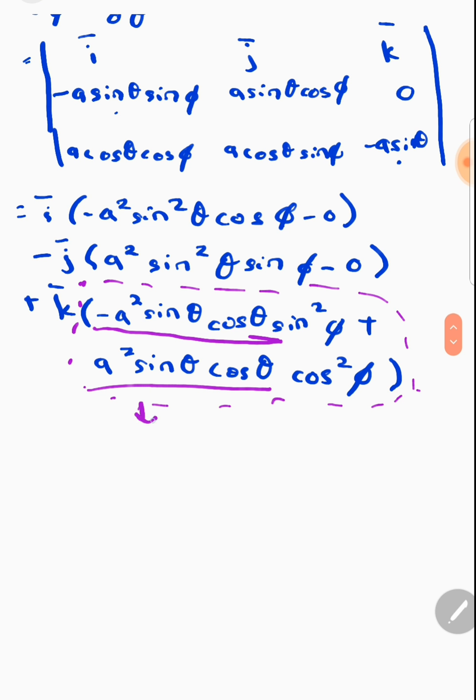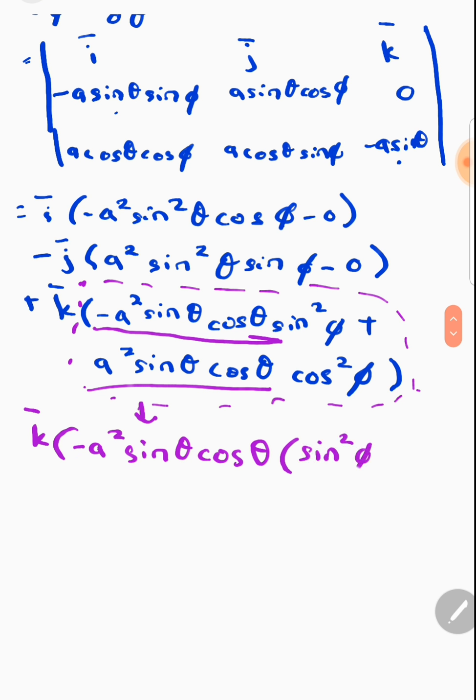I can rewrite it as negative a square sine theta cos theta, and then if I put a minus here, this leaves me with sine square phi plus cos square phi, right?